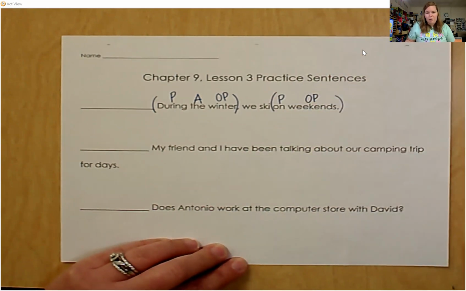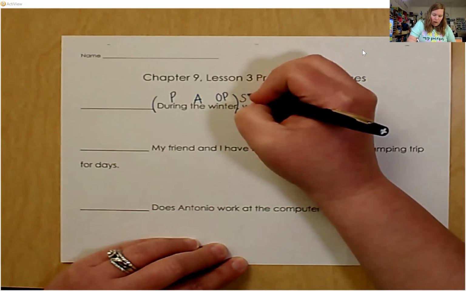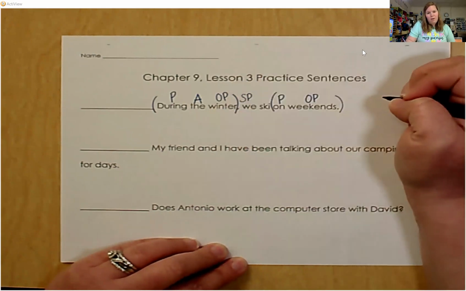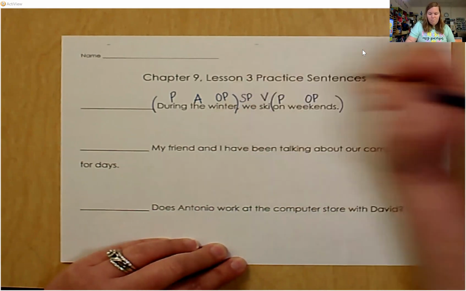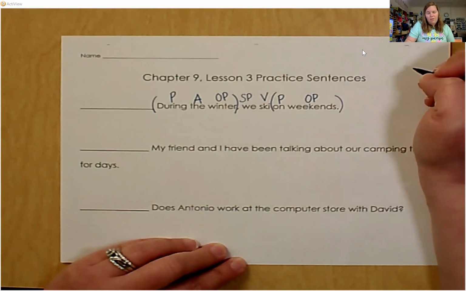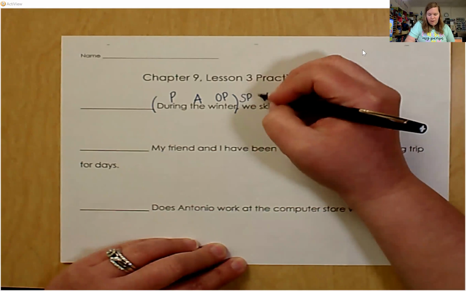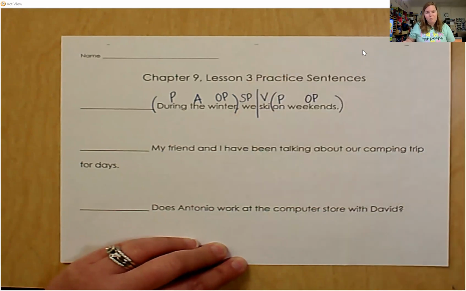What is the subject of the sentence? Who or what ski? We, subject pronoun. And what is being said about we? What is the action? Ski, verb. Where should we divide our sentence? Between we and ski, right before the main verb.